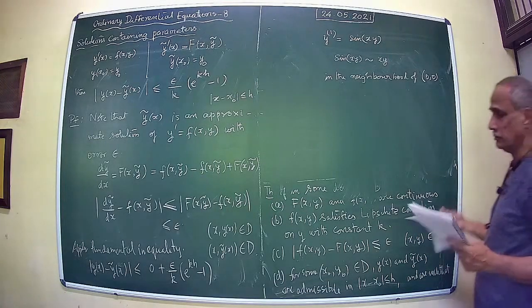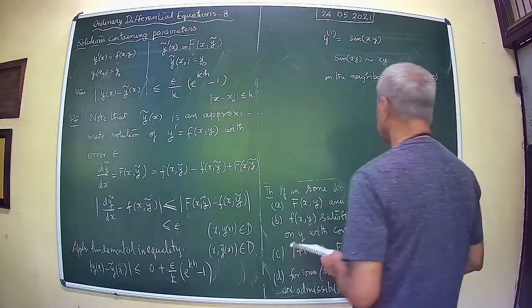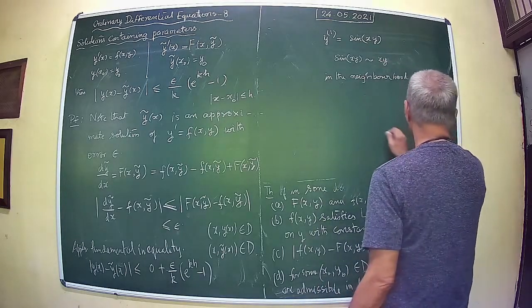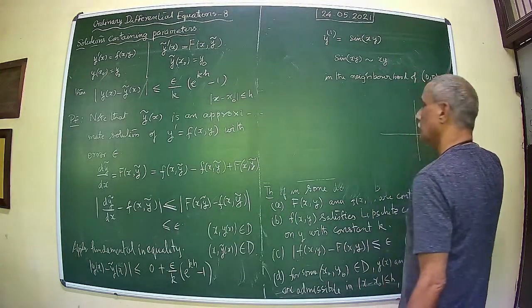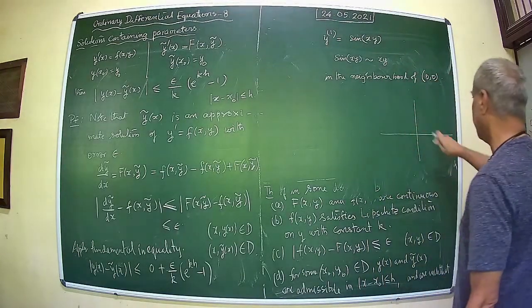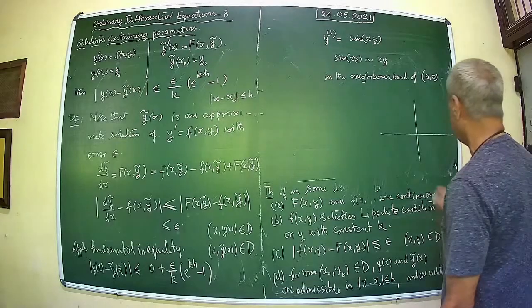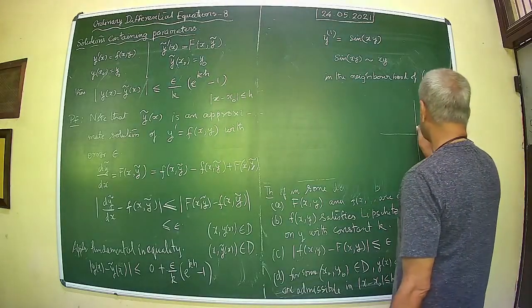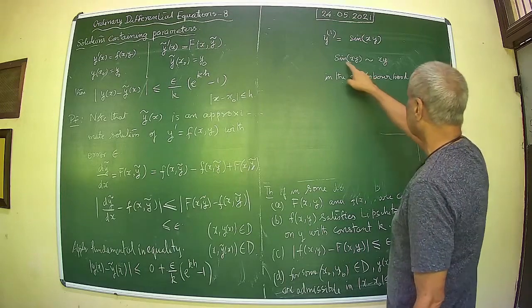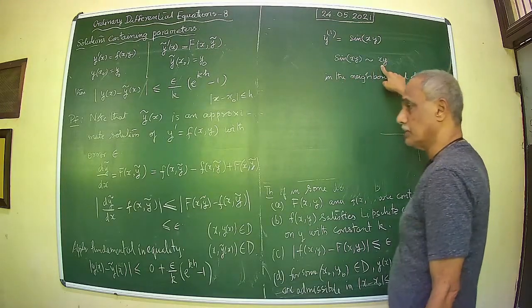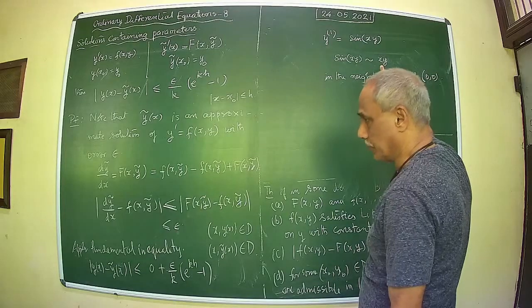Or even situations like, suppose you take x equal to 0 or y equal to 0. Along this line also they are very close. So somewhere in the neighborhood of this line, sin xy can be closely approximated by xy.